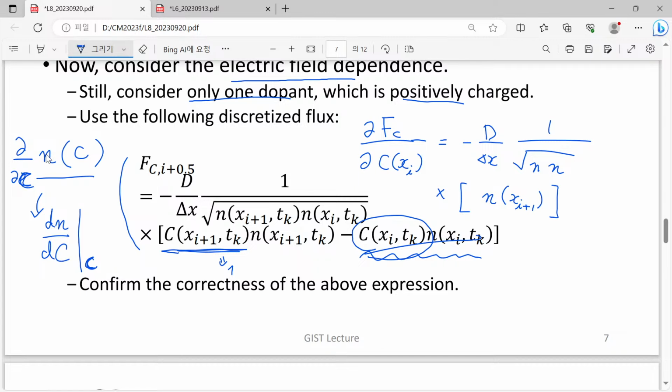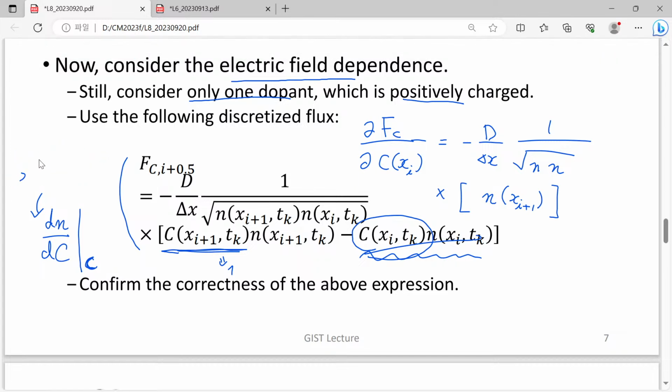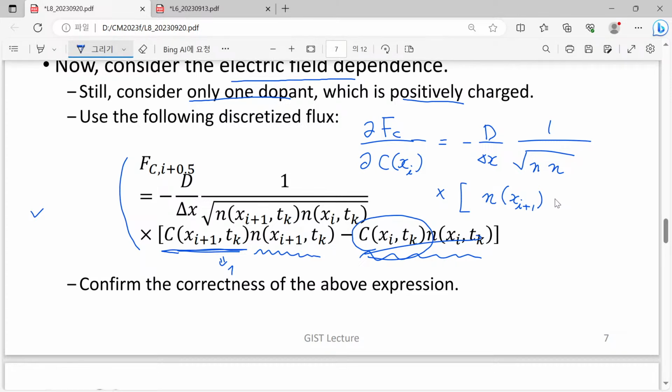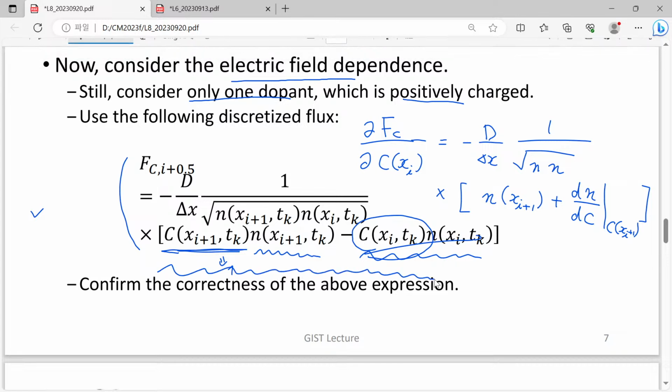Then which one has the n dependencies? Unfortunately, you have a lot of them. Even in this case, you have it. So, for example, this one can be an additional component like this. Now you have dn over dc, however, this c value is your current c sub x i plus 1 value. Okay, this is the partial derivative of this term.